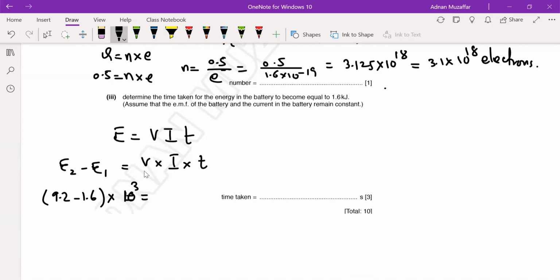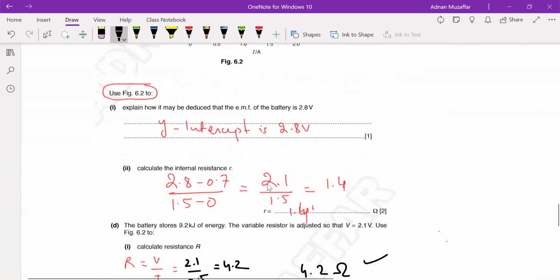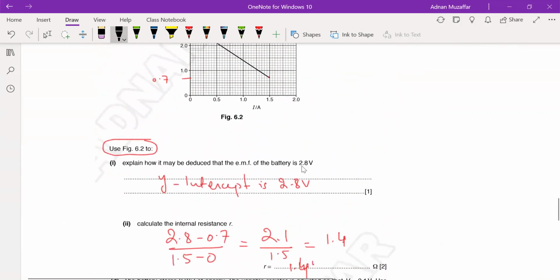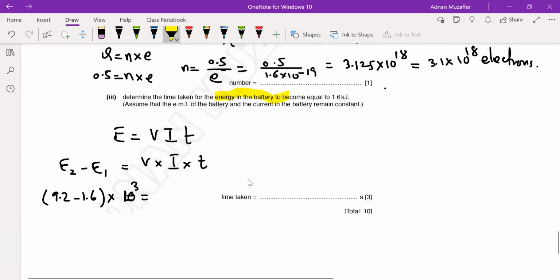Equals to voltage, कितनी है जी? 2.8 volts. They are talking about the battery. EMF of the battery लेनी है ना अपने यहाँ पे, because this is energy in the battery they are asking. You can see here in the battery. So it should be 2.8, multiplied by current 0.5 and time you need to find.